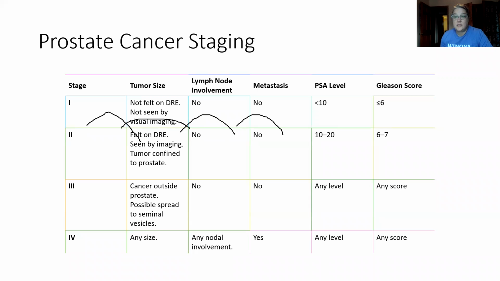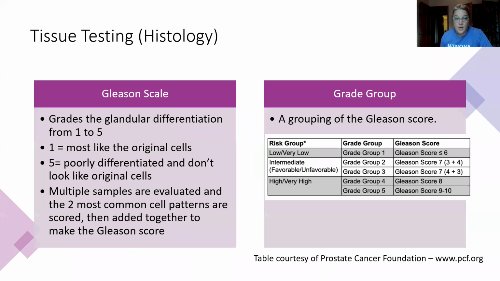Okay, what the heck is a Gleason score? A Gleason score is based on the Gleason scale. Gleason was a busy person. He developed a bunch of stuff. What the Gleason scale does is it's used by the lab on that biopsy to look at the differentiation between the prostate cells that we would normally think of as prostate cells, all the way up to cells that don't look like prostate cells at all, even though we know they came from the prostate.